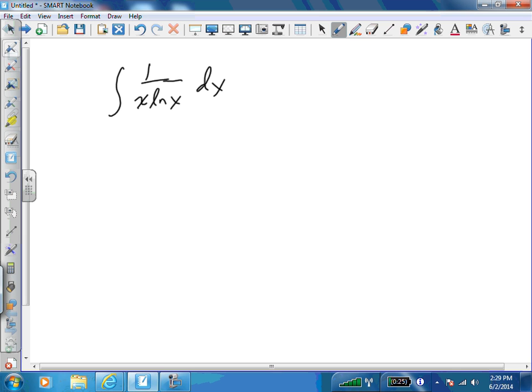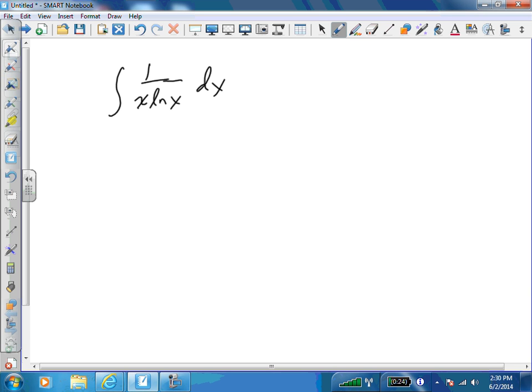If that was something we were taking the derivative of, I could look at it and I could tell you we have a quotient, and in the denominator we have a product. But most of us might not be able to look at that and say, oh, I know exactly what I need to substitute u for.